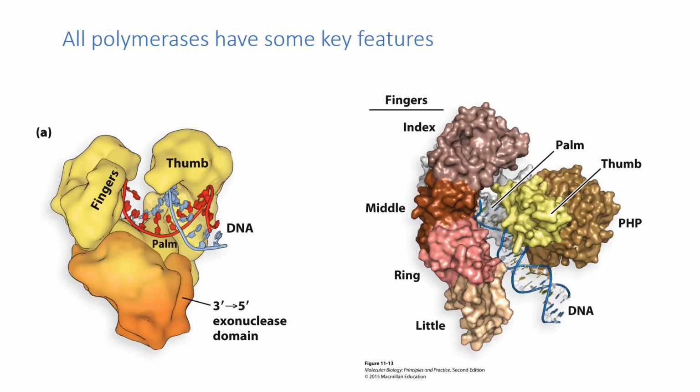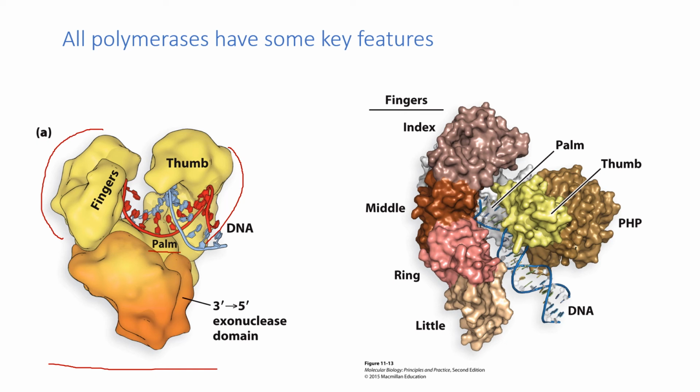All polymerases have the same basic structure and some of the same elements. On the left of our slide, we have a balloon model of a polymerase, and it's fine to think of any polymerase, DNA polymerase, RNA polymerase, Taq polymerase, RNA polymerase like in the SARS-CoV-19 virus, as a right hand. On that right hand, there's a thumb, and then there are the fingers.